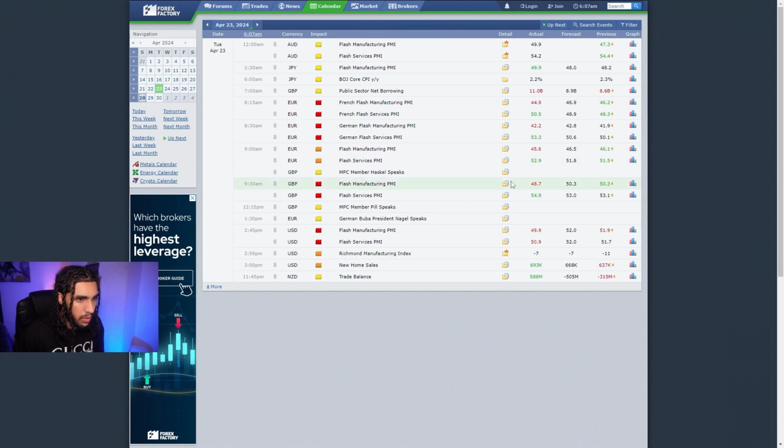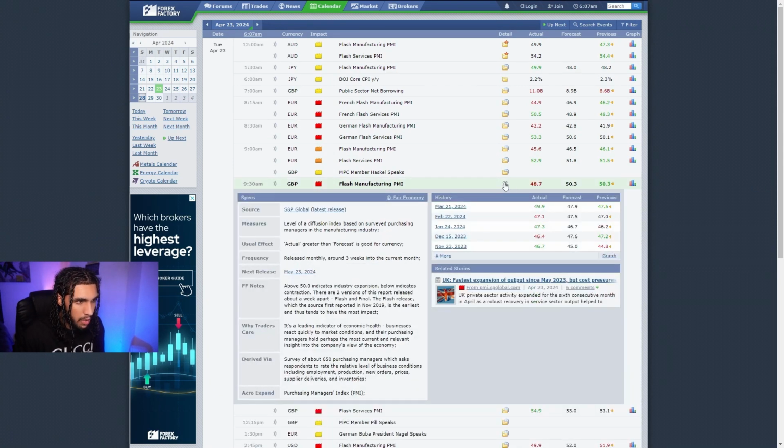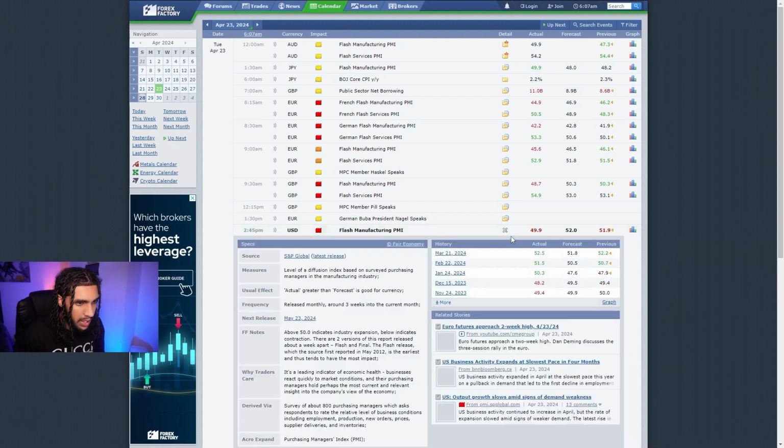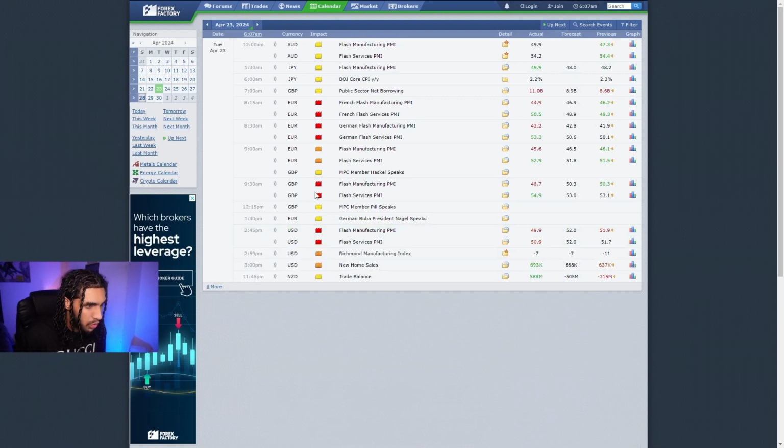It shows you everything from GBP outlets to USD outlets, and also shows you just how important it is. So if it's a red news outlet, it means it's very important, but if it's yellow, maybe even orange, it doesn't really matter too much. So you don't need to worry about these light ones, only the red ones are crucial.